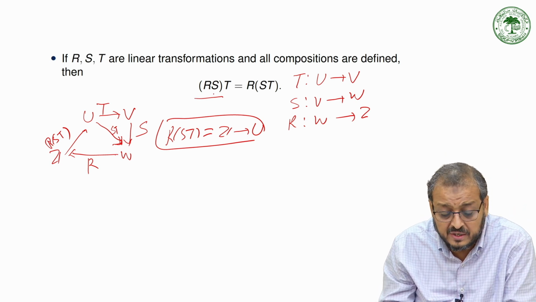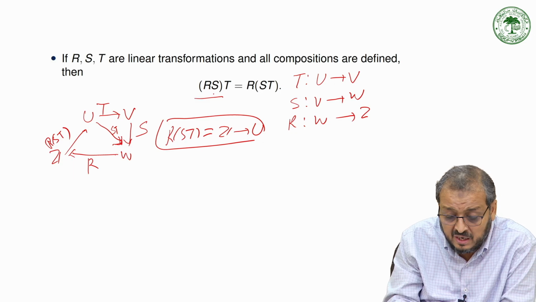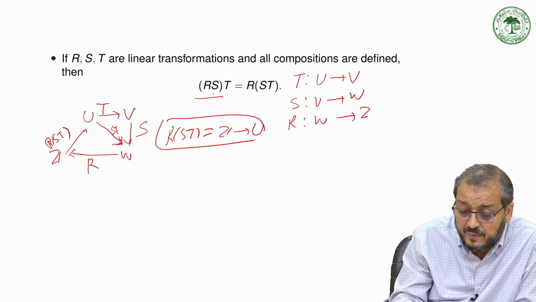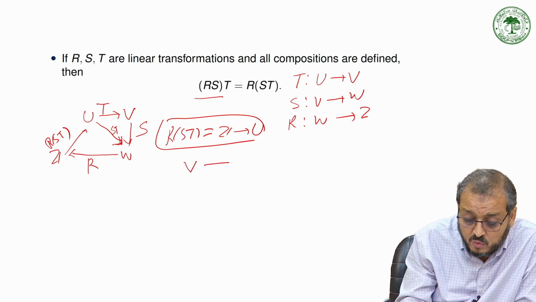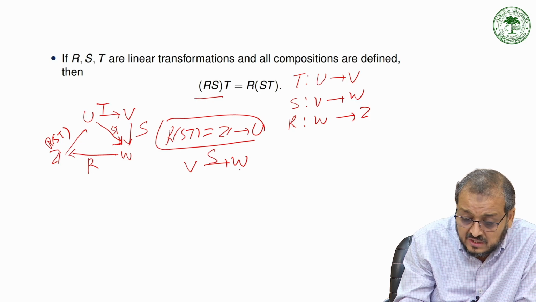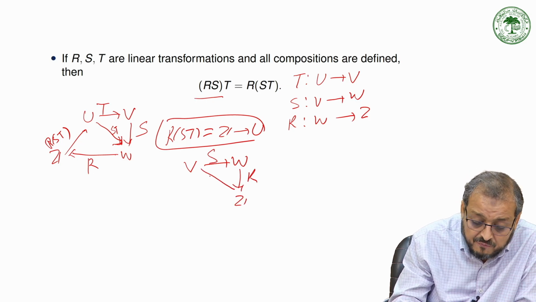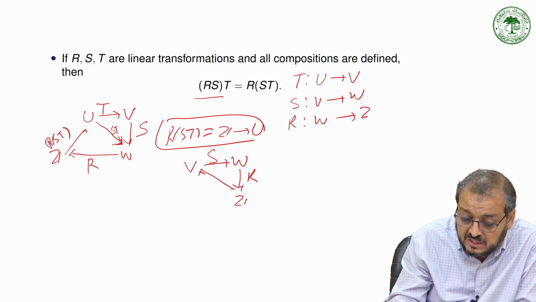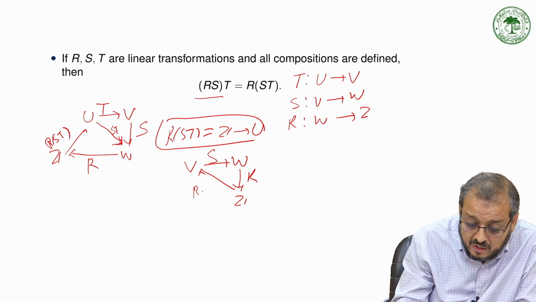And now we check what about RS over T. For RS, we have S from V to W, then R from W to Z, and this is a map from V to Z, which is RS.